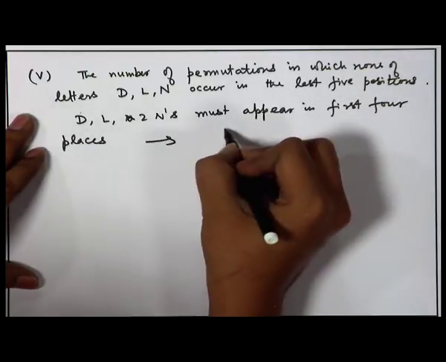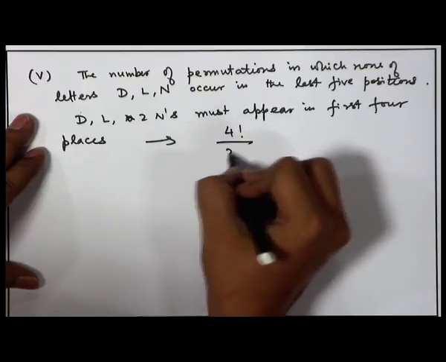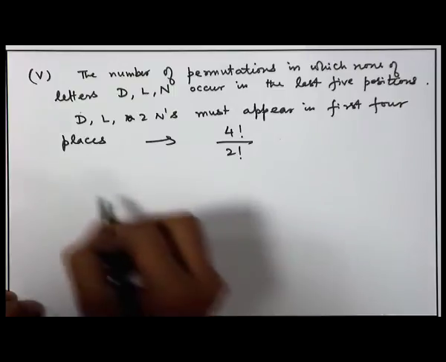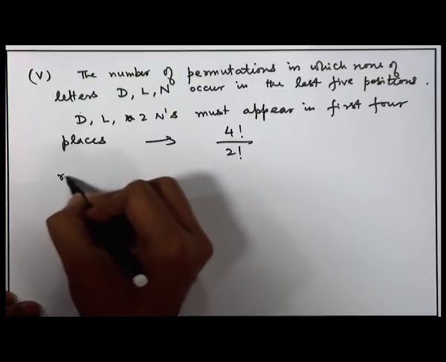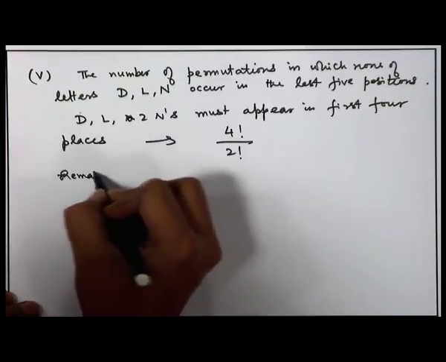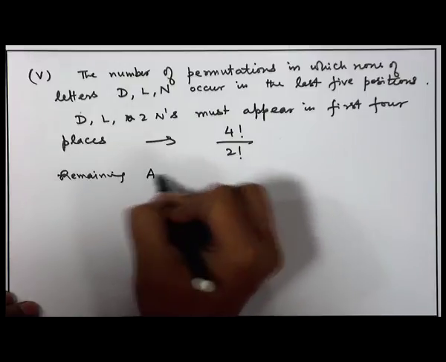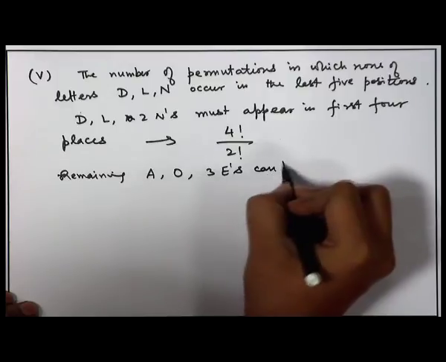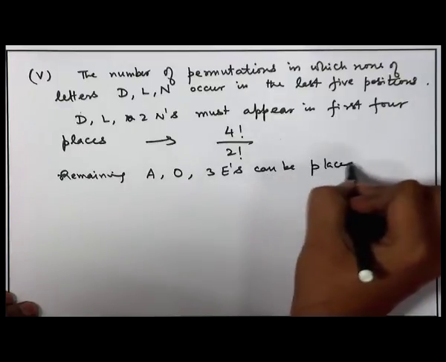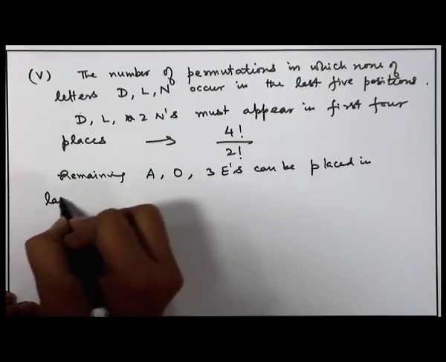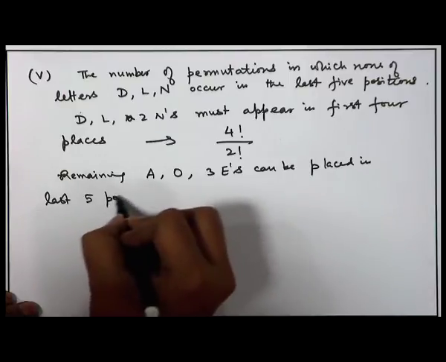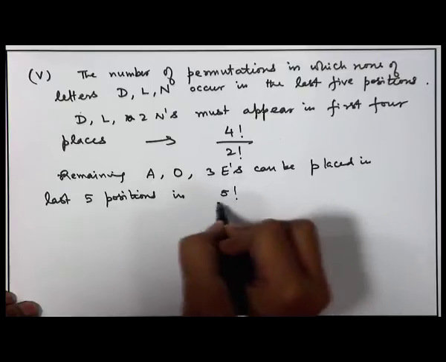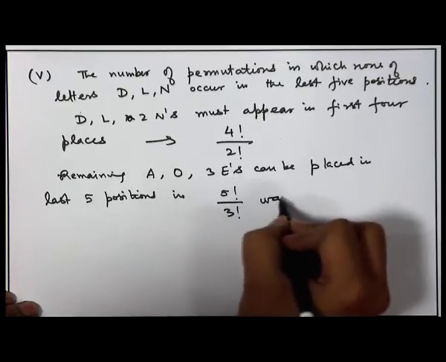The number of ways will be 4 factorial divided by 2 factorial here, and the remaining A, O and 3 E's can be placed in the last 5 positions in 5 factorial divided by 3 factorial ways.